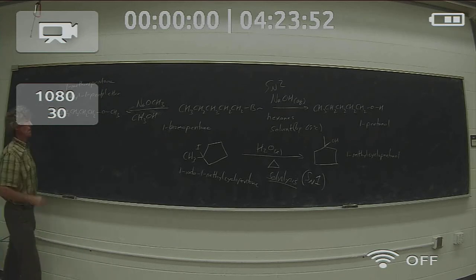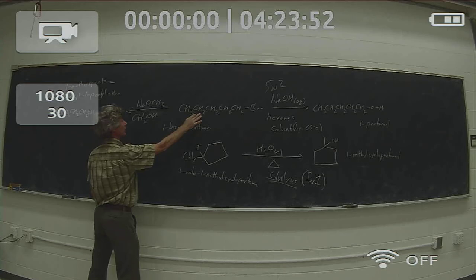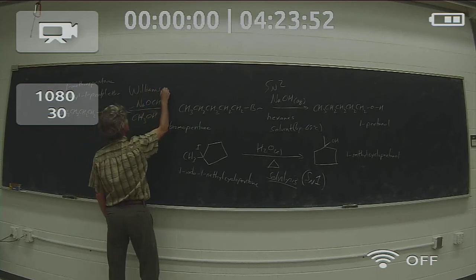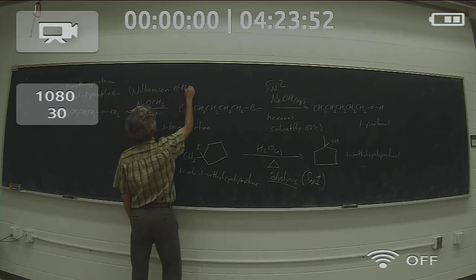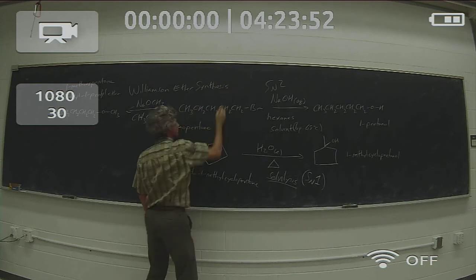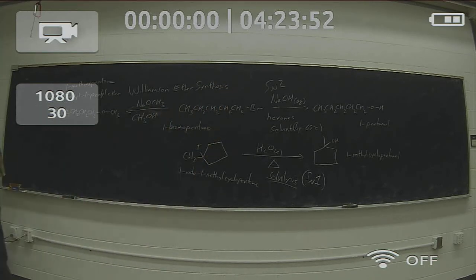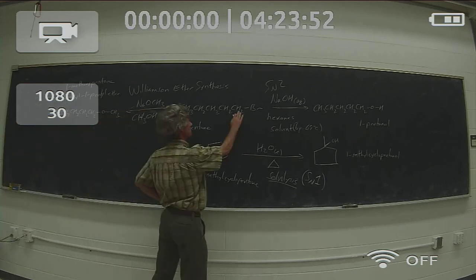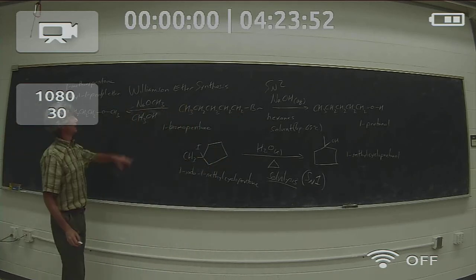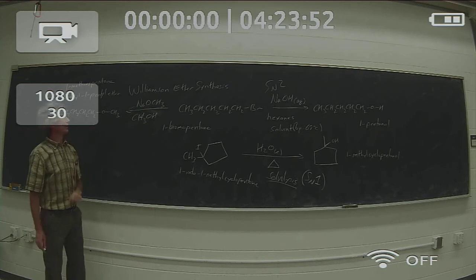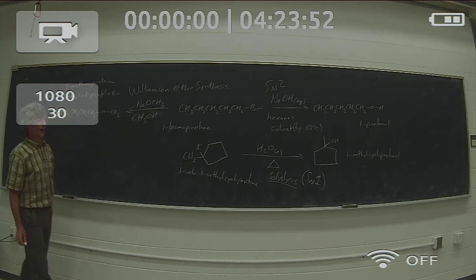This reaction, the reaction of an alkoxide ion with an alkyl halide, is known as the Williamson ether synthesis. And the Williamson ether synthesis is likely to be successful in producing an ether product rather than an elimination reaction if you're working with a primary or a methyl substrate and a primary or a methyl alkoxide.